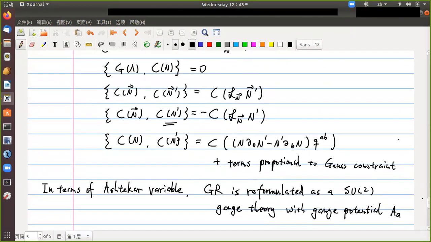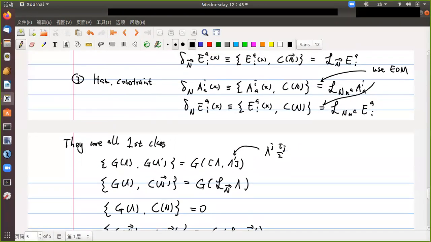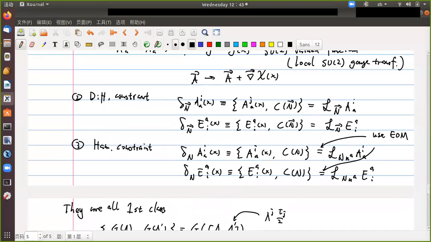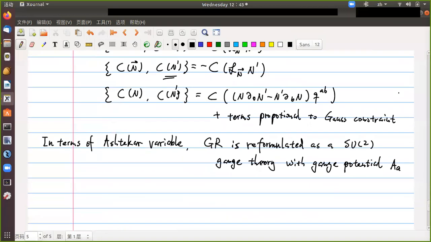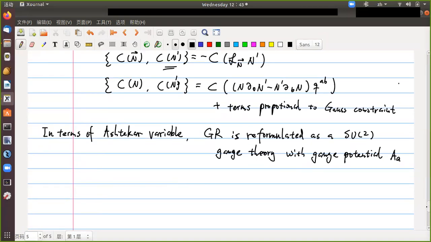But of course, you get additional constraints and gauge transformations compared to the non-abelian gauge theory, which are the diffeomorphism constraint and the Hamiltonian constraint. In the usual non-abelian gauge theory, you have only one constraint, which is the Gauss constraint, just like Maxwell theory.